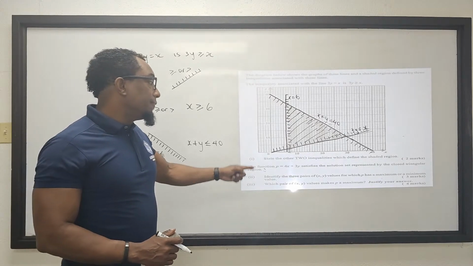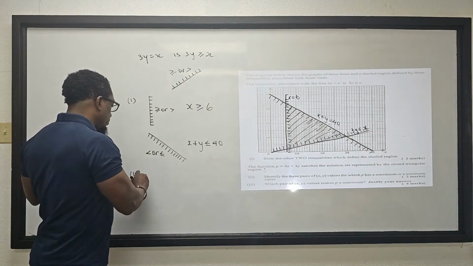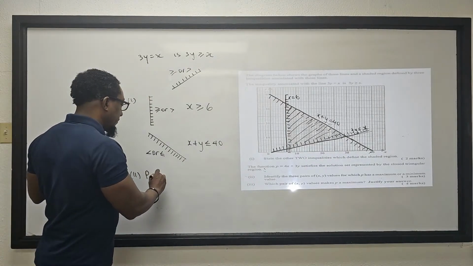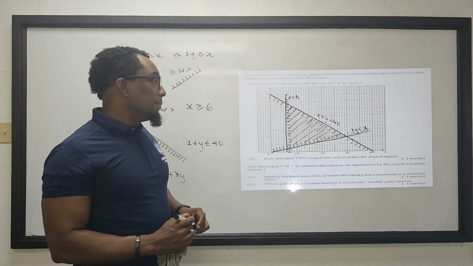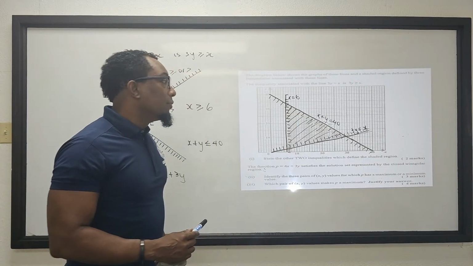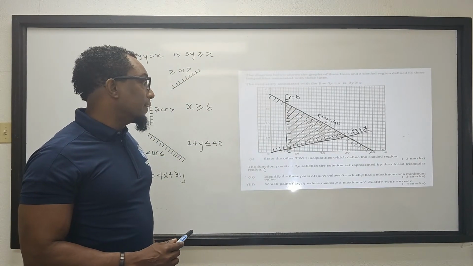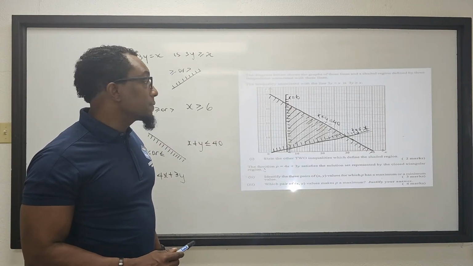And then it says, now the function p, looking at part 2, is equal to 4x plus 3y. The function p satisfies the solution set. This is the satisfied region represented by the closed triangular region. Identify 3 pairs of xy values for which p has a maximum or minimum.